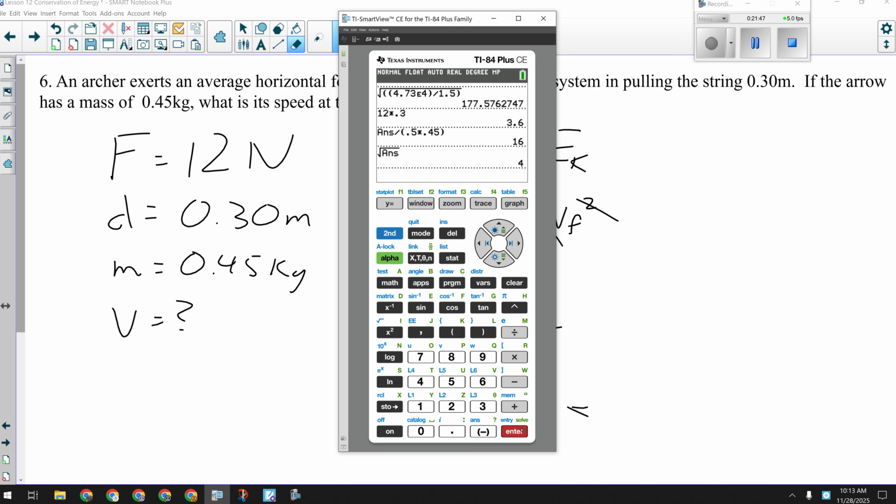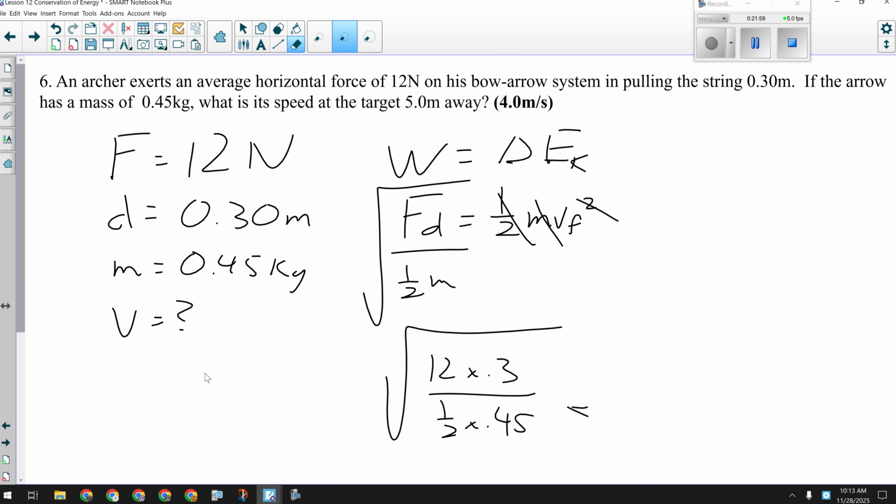All right, so 4 meters per second. You'd totally be able to dodge that arrow or catch it. You could go full Matrix on that one and totally catch it, not have to worry. Okay, 4 meters per second. It's very, very slow because it's ridiculously heavy. All right, questions on how that one works? A little different, right?